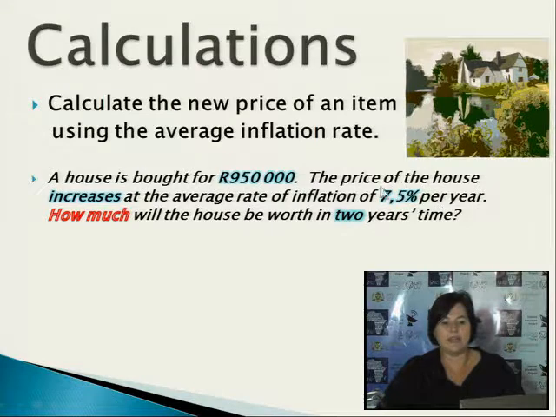And then, of course, another value that they gave was the 7.5%, so that I know how much it must increase. And then the last part that I highlighted for you was to say for how long a period is it going to increase, which is 2 years.